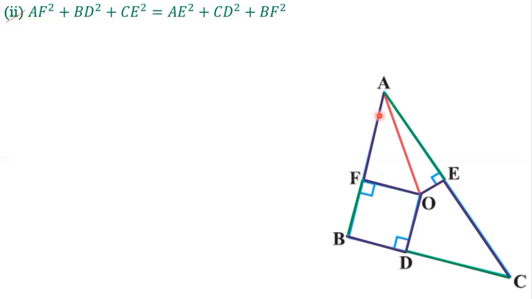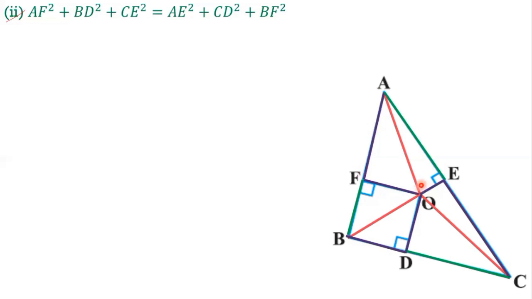Now to prove this, we can use Pythagoras theorem. So join OA, OB and OC. Here we have to apply Pythagoras theorem to all the right triangles: triangle AFO, triangle AEO, triangle OEC, triangle ODC, triangle ODB and triangle OFB, because here we need AF square, BD square, CE square, AE square, CD square and BF square.